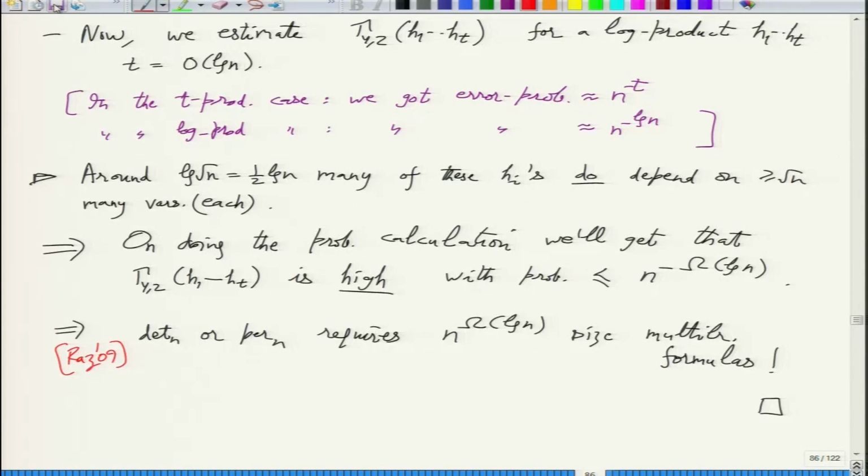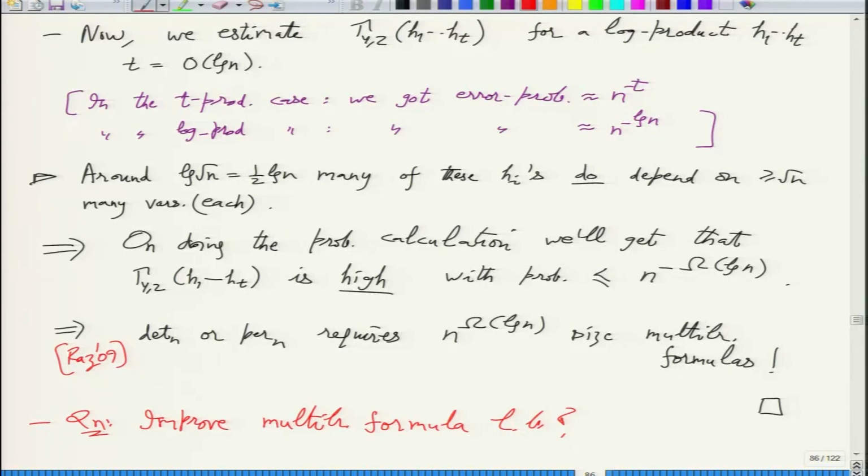As far as I remember, this is still an open question: improving this lower bound for multilinear formulas to something like 2 raised to n raised to epsilon for a constant epsilon, something almost exponential instead of quasi-polynomial.